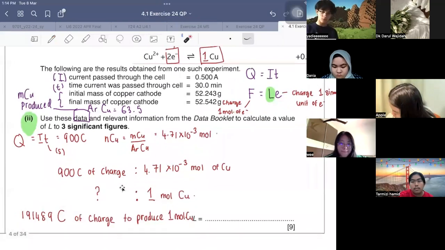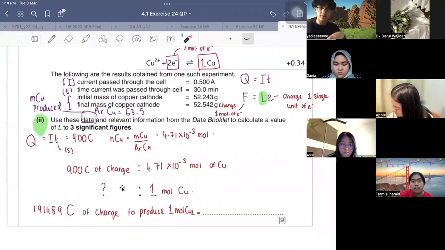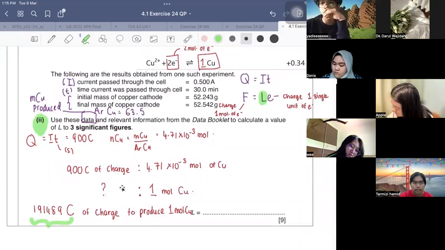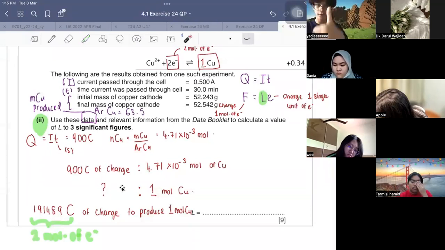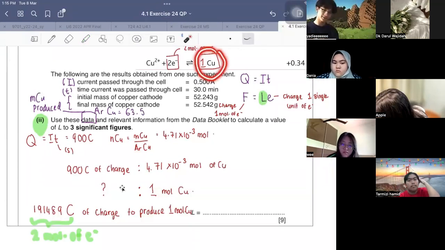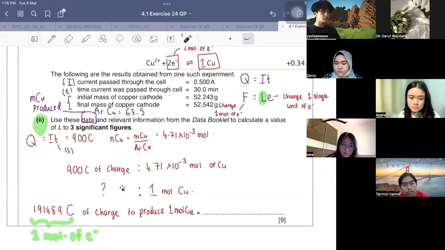Do you all agree that this charge is equal to 2 moles of electrons? I repeat, here it says that to produce 1 mole of copper, you need 2 moles of electrons, right? And electrons are charge carriers.